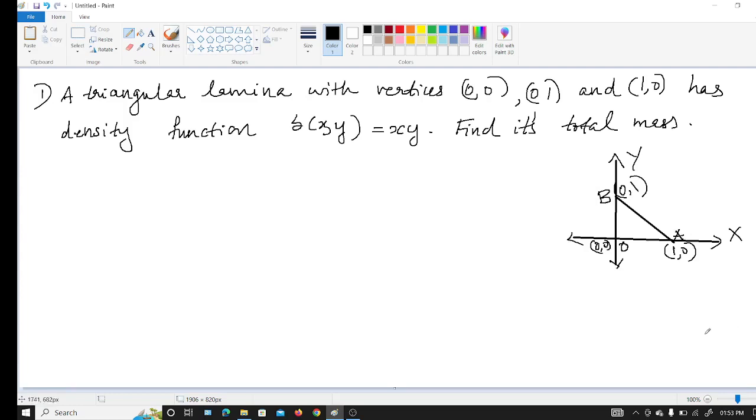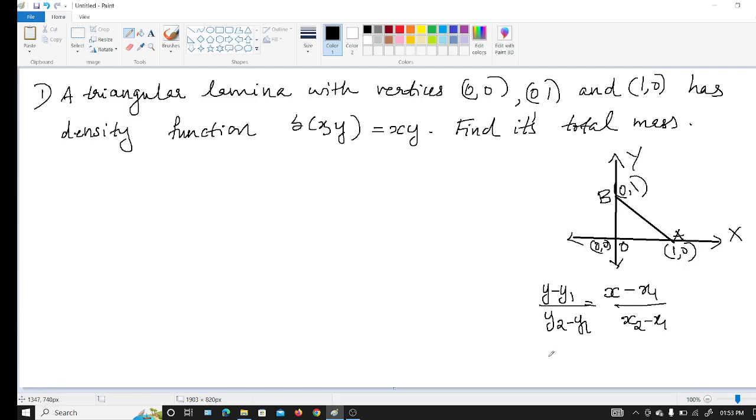Now you can find the equation of AB using the two-point formula. If you know the two end points of a line segment, you can find the equation of that line segment by the formula (y minus y1) by (y2 minus y1) is equal to (x minus x1) by (x2 minus x1). Now, substitute these values here.